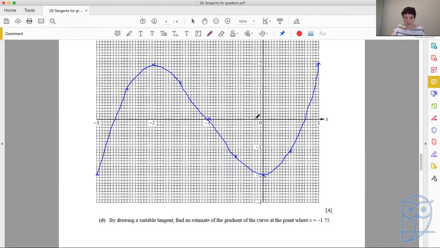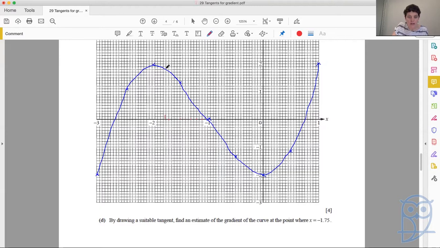So, 0.1, 0.2, 0.4, 0.6, yeah. So, there is our minus 1. So, minus 1.1, 0.2, 0.3, 0.4, 0.5, 0.6, 0.7, and 0.75 would then be there. So there is our point of interest.